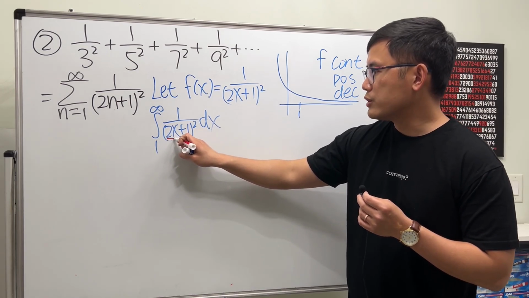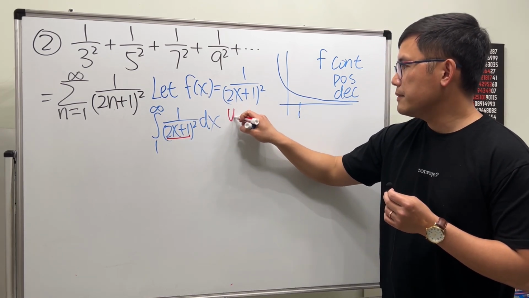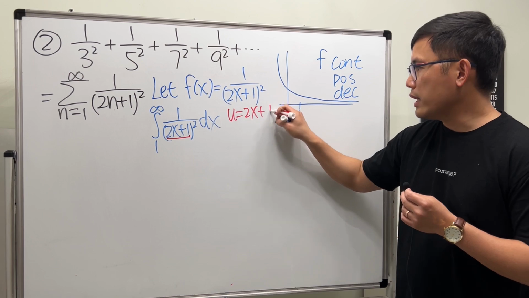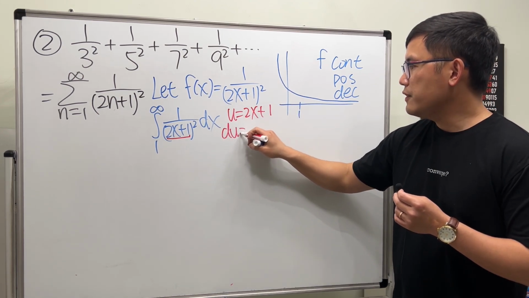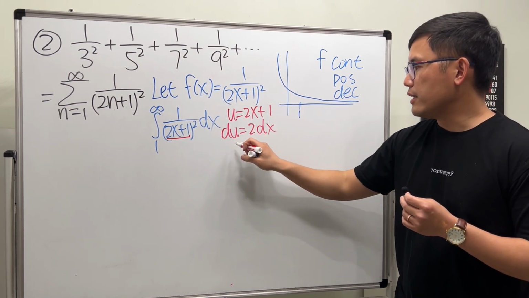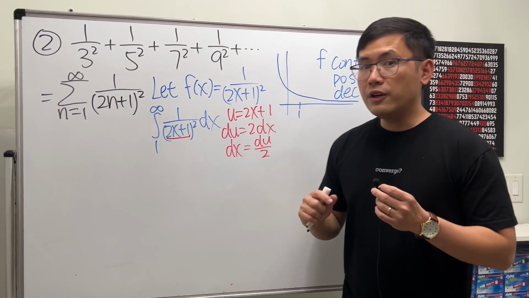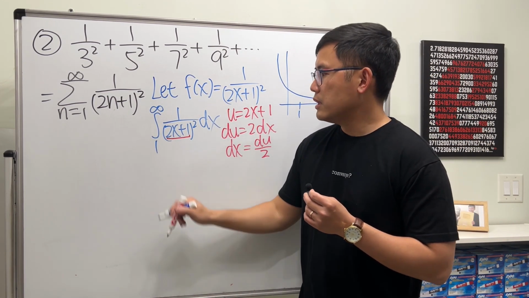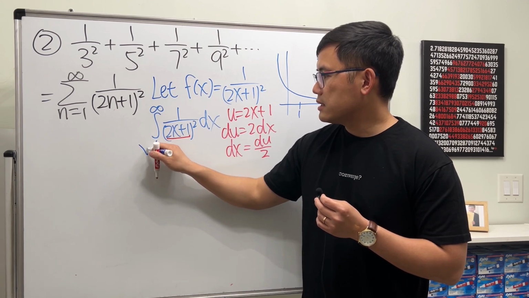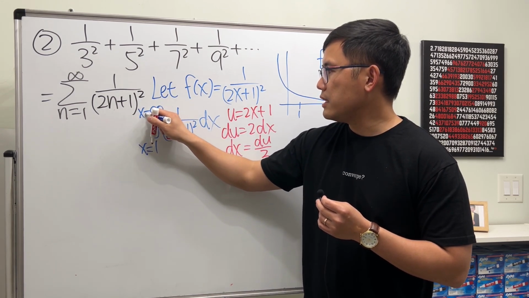Let's go ahead and do a u sub. Let u equal to the inside. So we have 2x plus 1. Take the derivative, and then divide the 2 on both sides. And we can finish everything in the u world. This right here is x equals 1 to infinity.